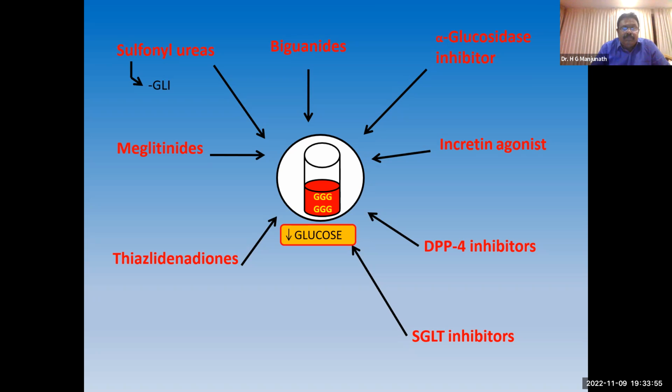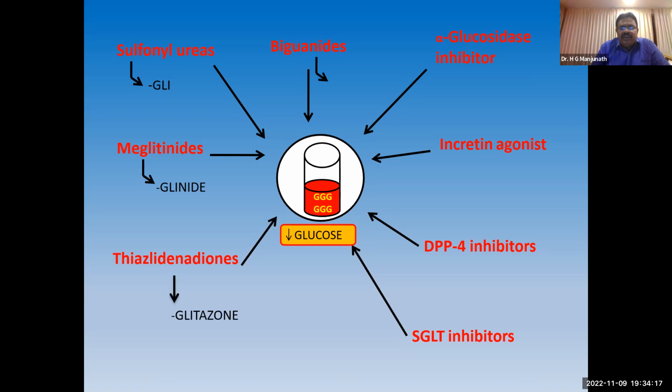The second one is the meglitinides. The meglitinides have glinide as a suffix. They are chemically different, but they act like sulfonylureas. The third one is the thiazolidinediones. They end with the suffix glitazone.